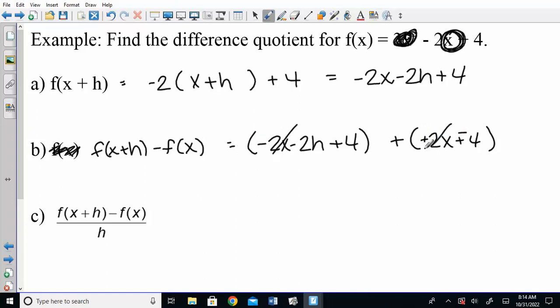Negative 2x and positive 2x cancel. Positive 4 and negative 4 cancel. And we get negative 2h. Then part C is what we just got out. So negative 2h divided by h, which gives us negative 2. Is that okay?